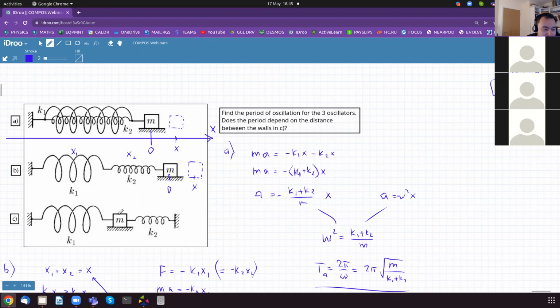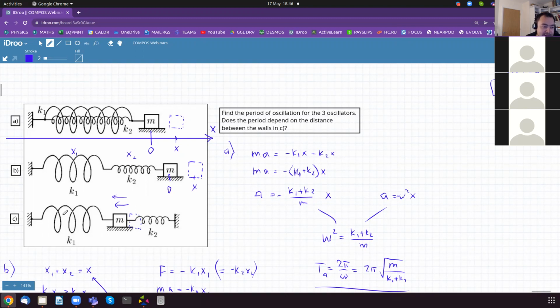So how does that work? Well, if you move the mass to the right, you will see that this spring produces a force to the left, but this spring also produces a force to the left. And the total force to the left is K1x plus K2x. I'll leave it at that.